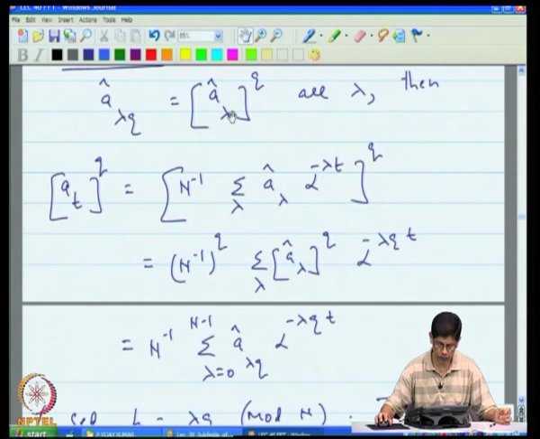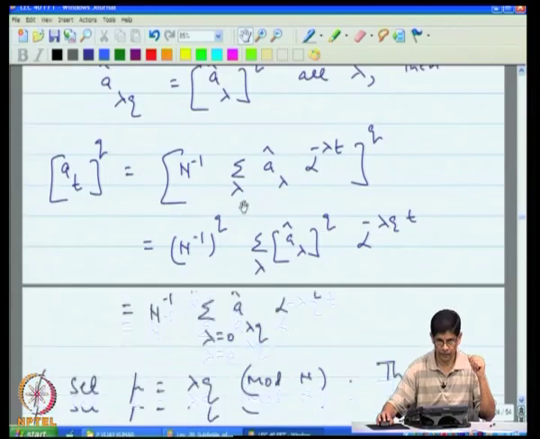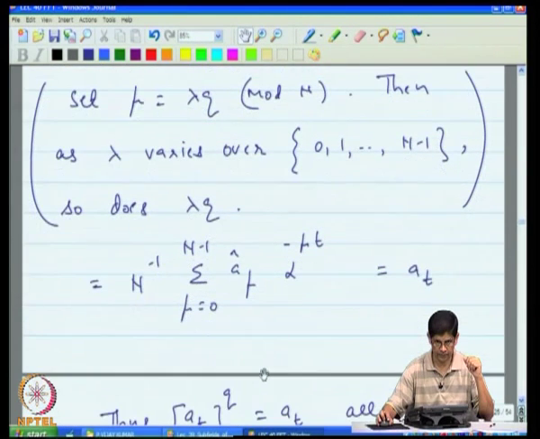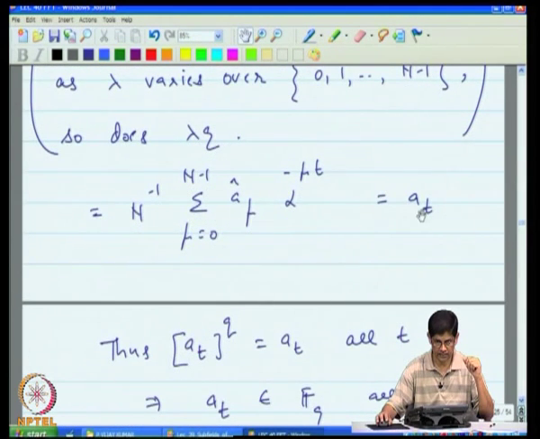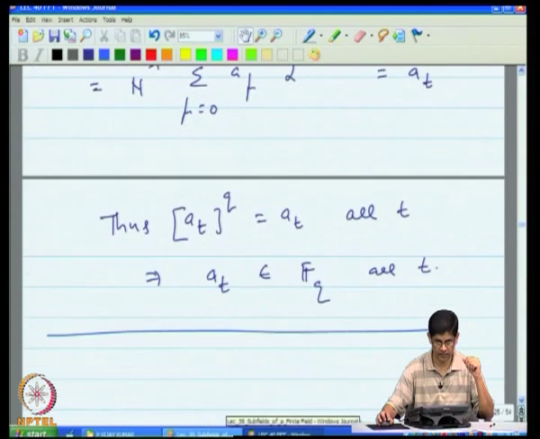Basically, the way you show that this implies that the sequence is in the ground field is to apply the membership test. So, what you try to do is show that A sub t to the q is A sub t again, and so this is your starting point, and then after some massaging you can actually bring it to the point of A sub t, which proves that it is in the ground field.